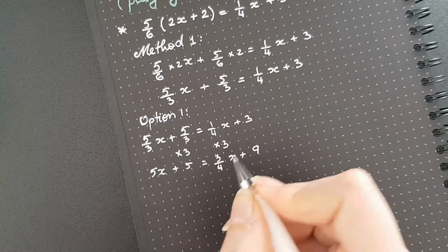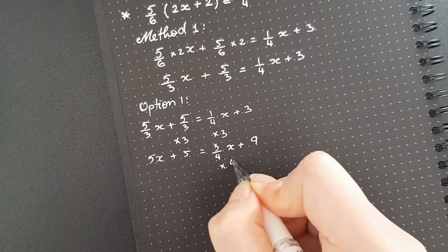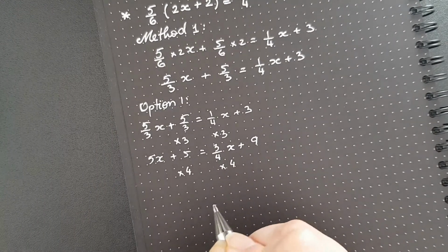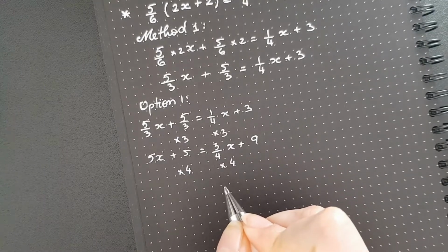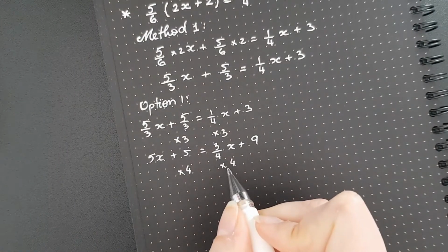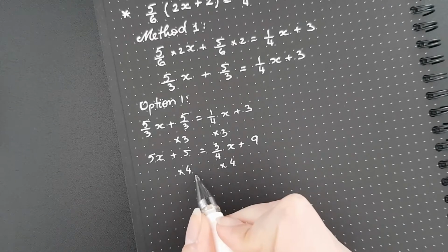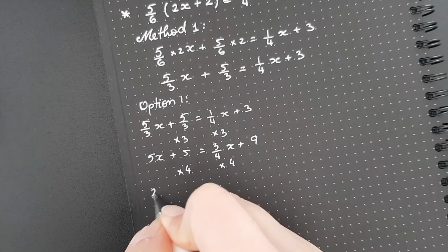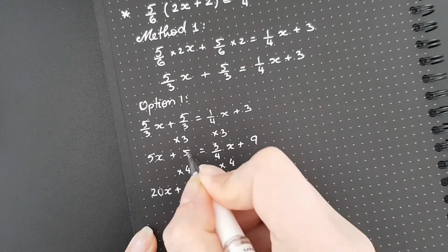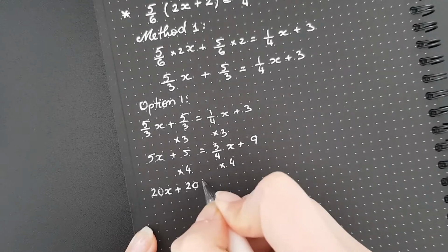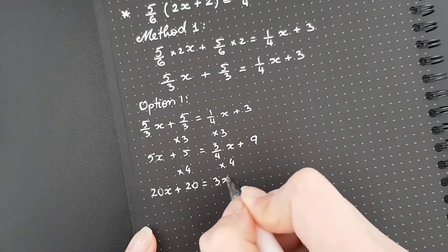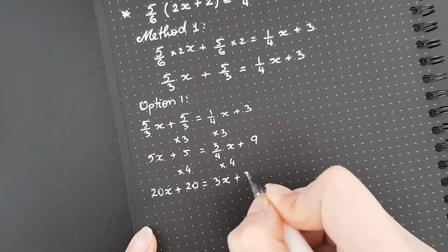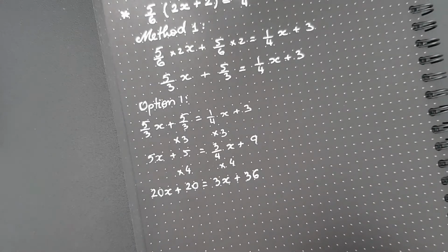Again, I'm left with a fraction over there. I don't want to see the fraction there, so I'm going to multiply on both sides by 4, so that I'm 100% sure I don't have this fraction anymore, and it just makes it easier for me to do calculations. So 5 times 4, that's 20x, plus 5 times 4, that's 20, equals 3x plus 9 times 4, 36. Cool.